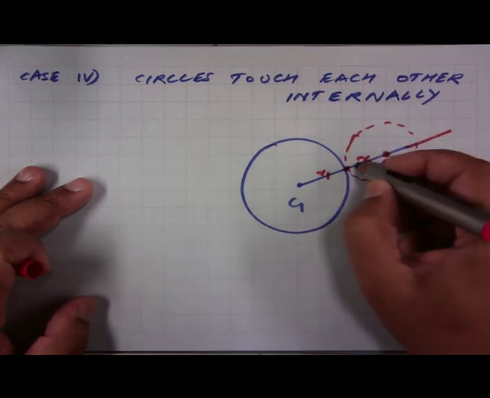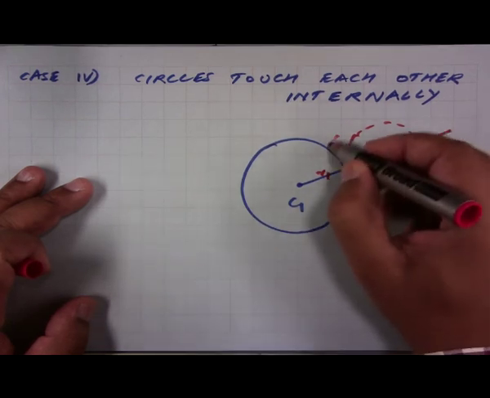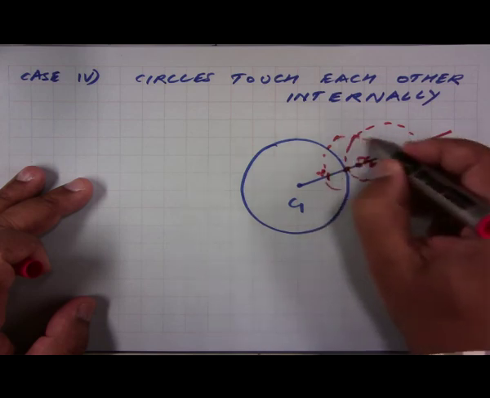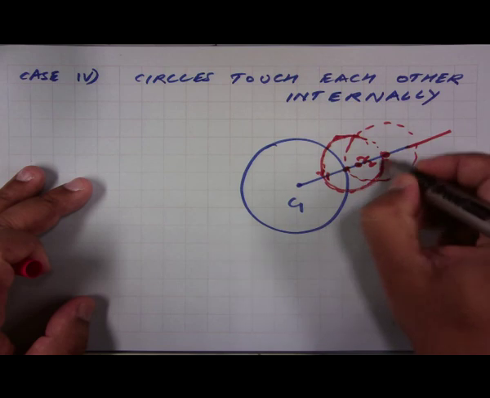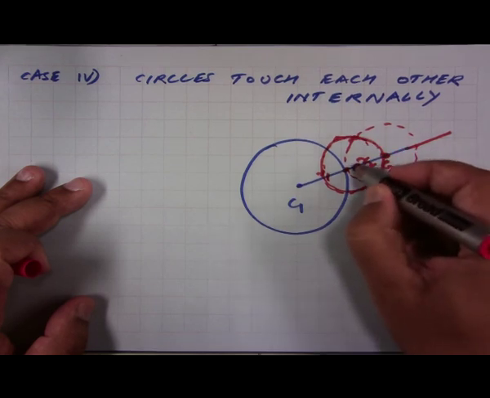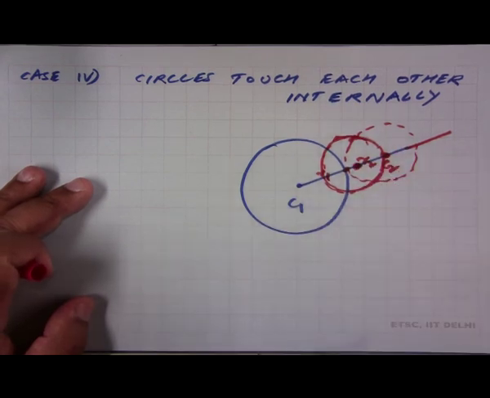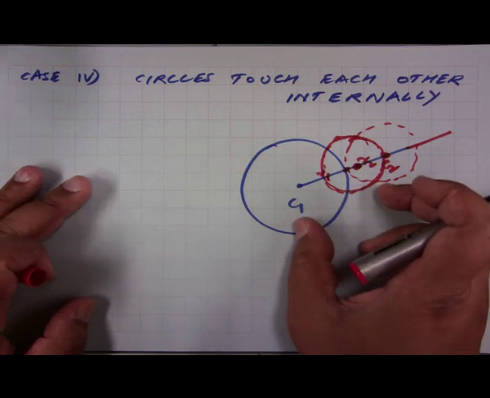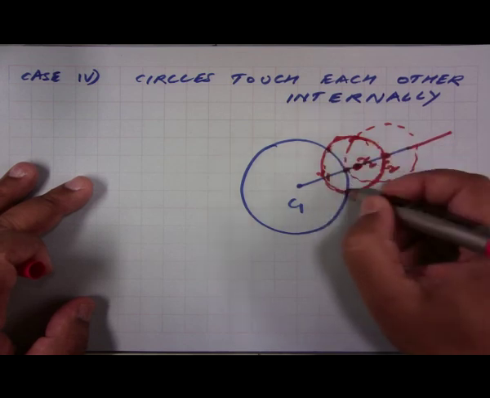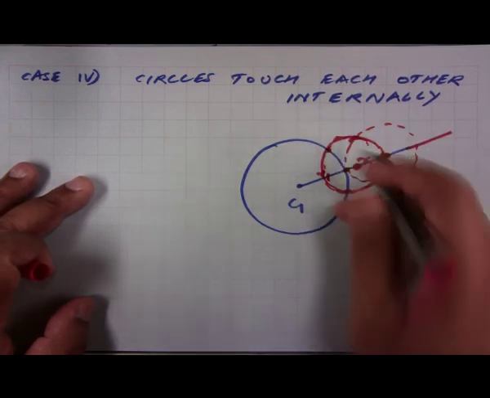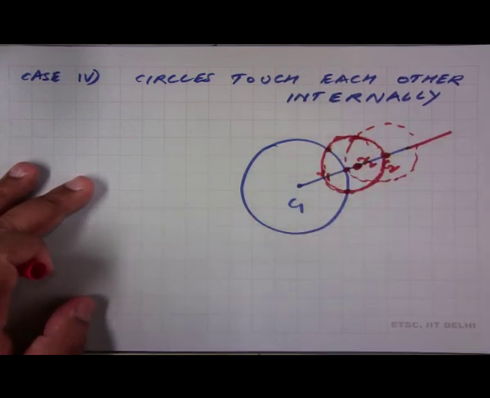So, the center came to this point and the smaller circle was something like this. This is case 3. In this case we have already seen that the two circles intersect at two distinct points.